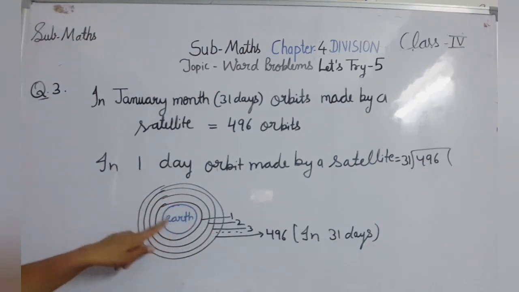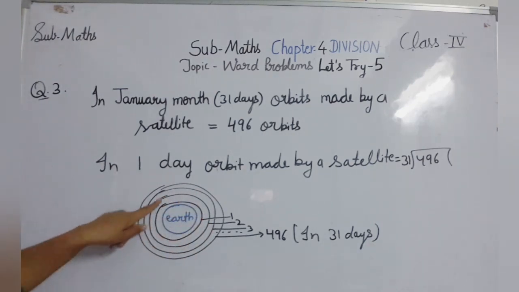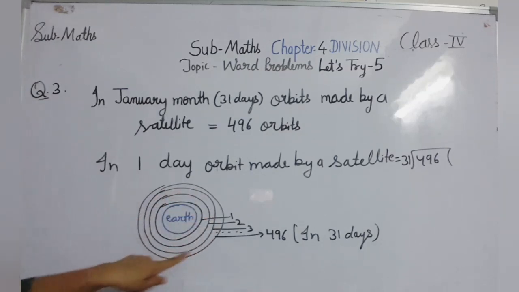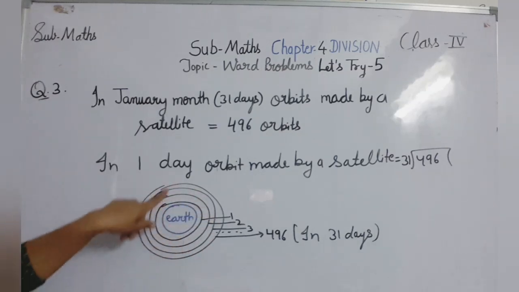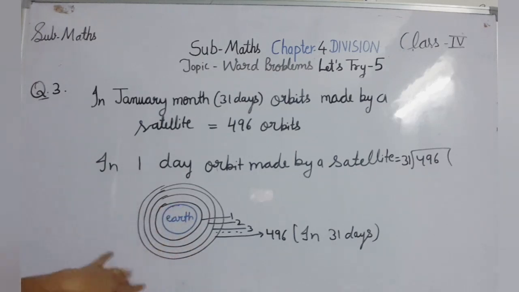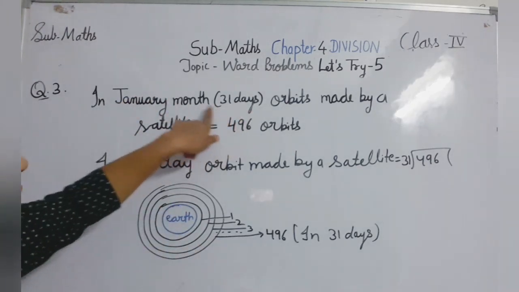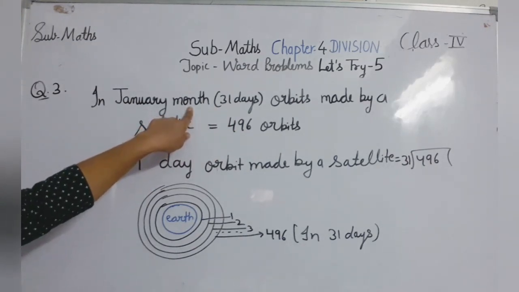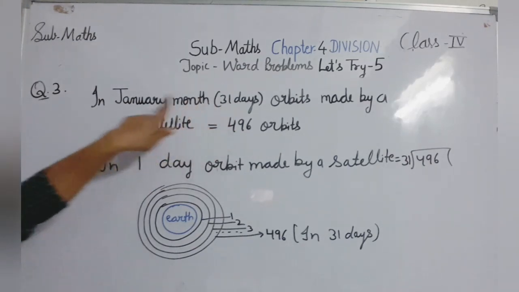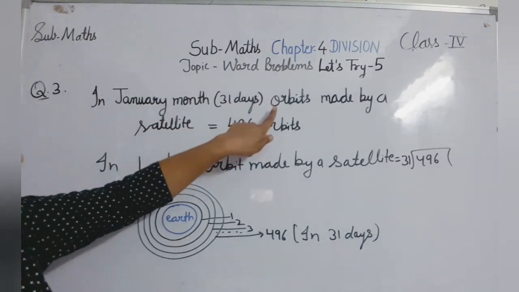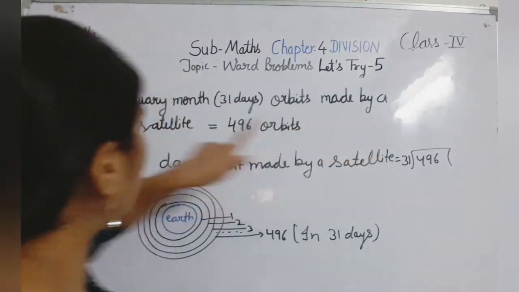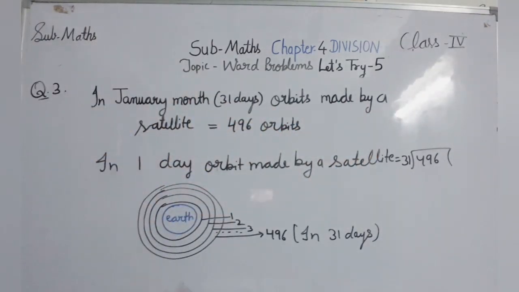This is the earth and the satellite is making orbits. These are orbits, meaning 1 round, 2 rounds, 3 rounds. These rounds are called orbits. So in the January month, how many days are there in January? 31 days.